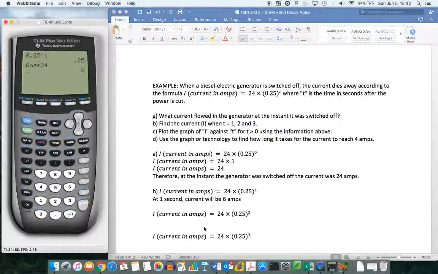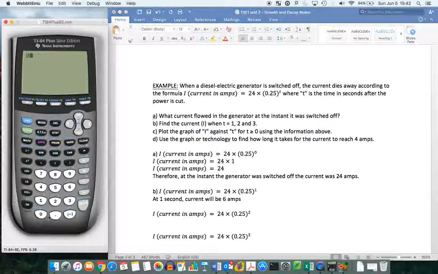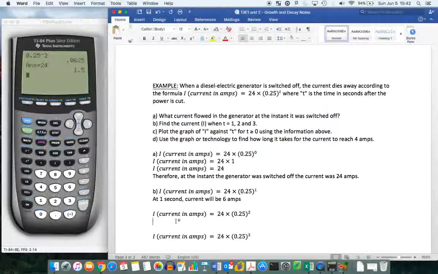As you can see, I'm working out there. Second one, 0.25 to the power of 2 this time. 0.0625 times by 24, 1.5. At 2 seconds, current will be 1.5 amps.